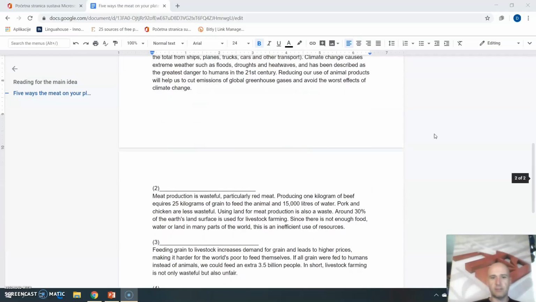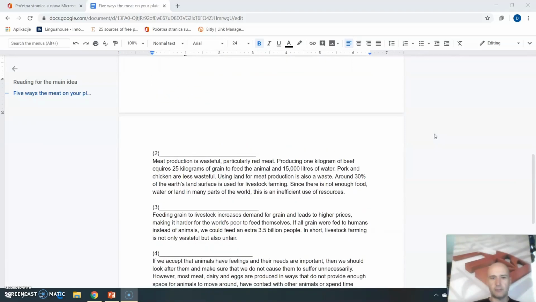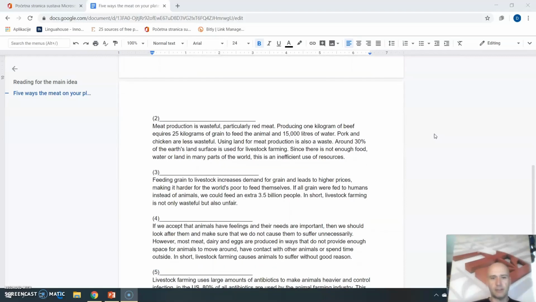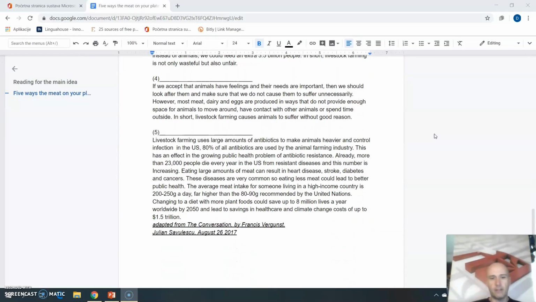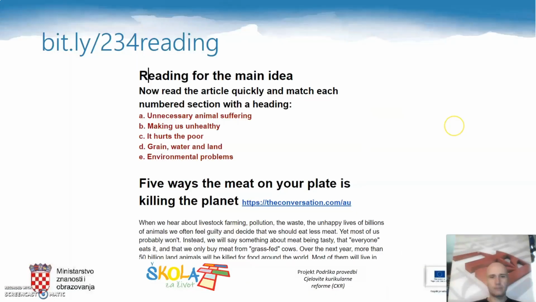You can see the numbers where you could put the headings before the paragraph. The text has been adapted from the news website, The Conversation, by Francis Vergunst and Julian Savulescu in 2017.